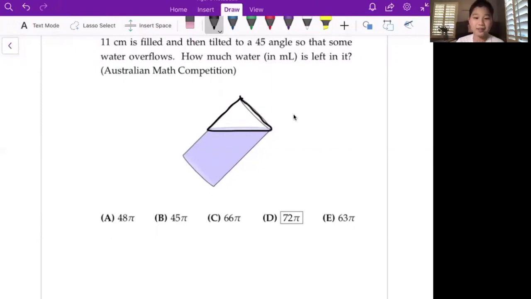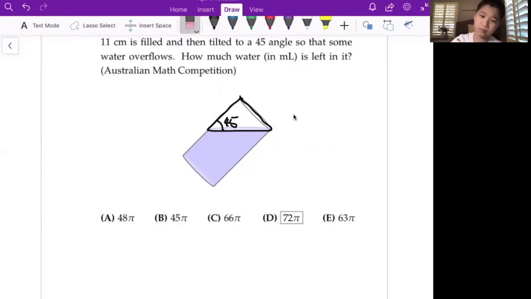And this might remind you of something. And by the way, this 45 degrees will remind you of a right triangle, a right isosceles triangle.